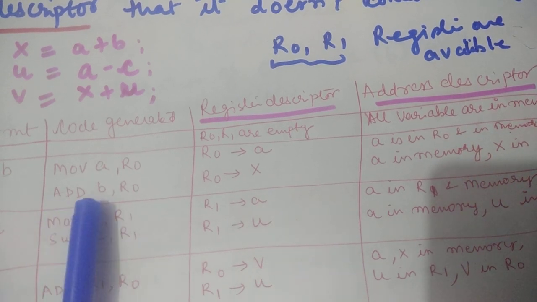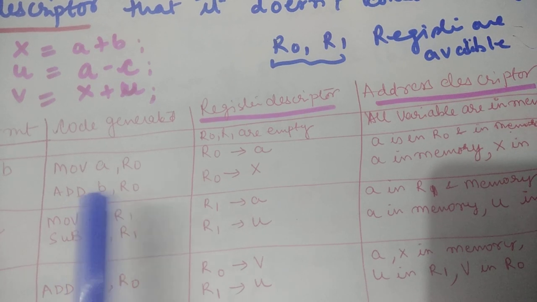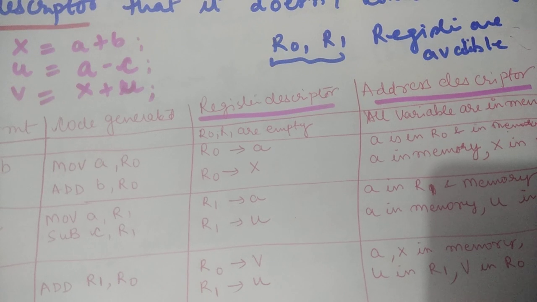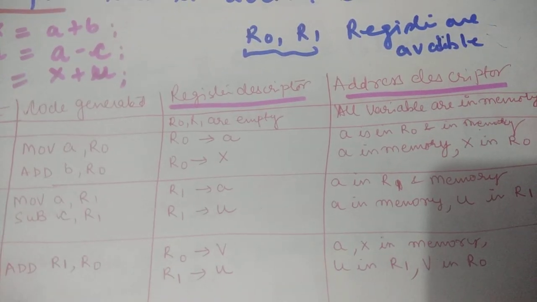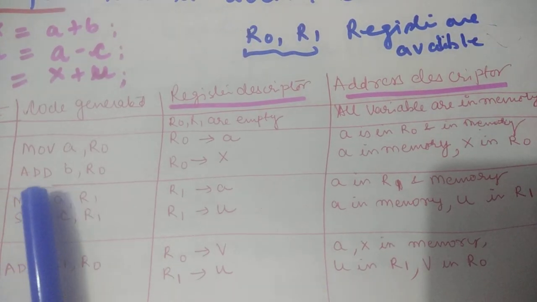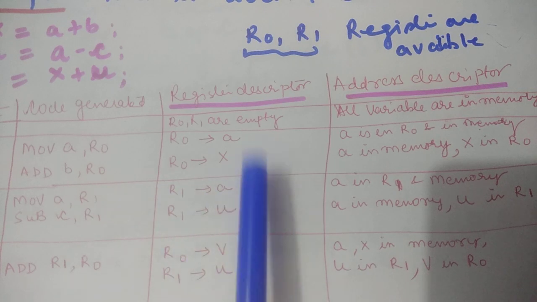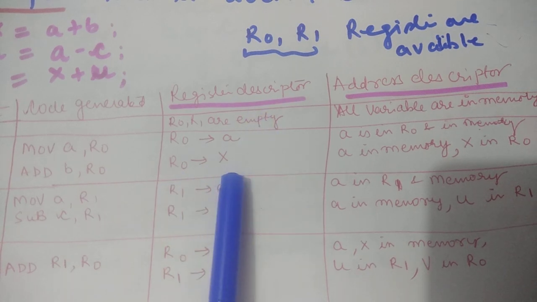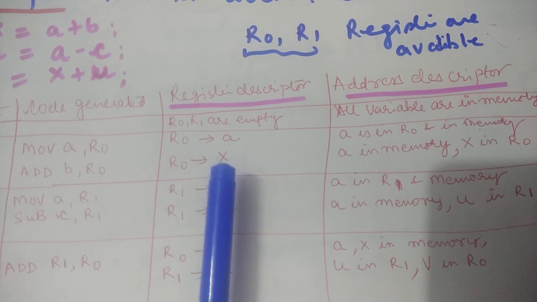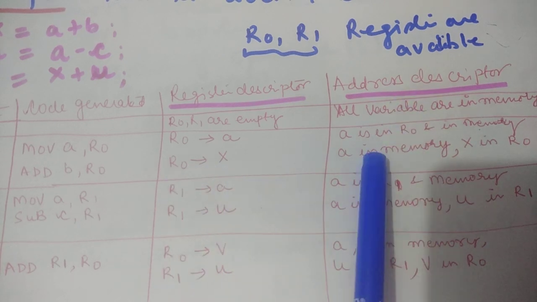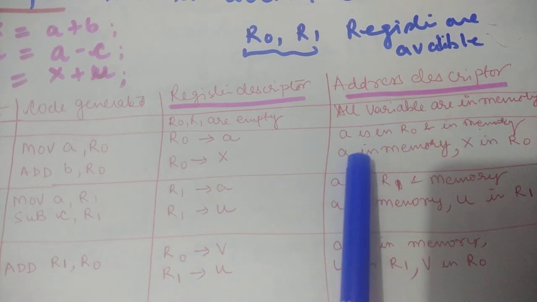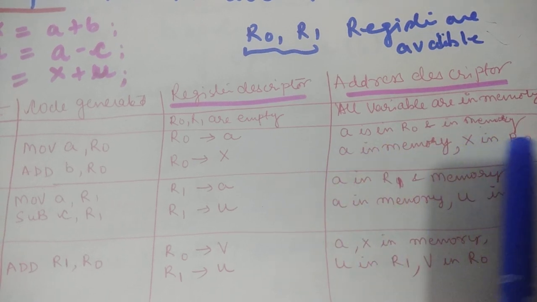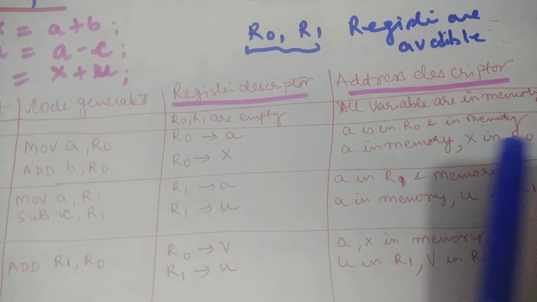Whereas the B variable is already present in memory, not in any register. Okay, clear? So after the generation of add B comma R0, the register descriptor is telling that R0 contains the X variable, whereas the address descriptor is telling the location of each variable. A is in the memory, B is in the memory, whereas X is present in R0. Okay.